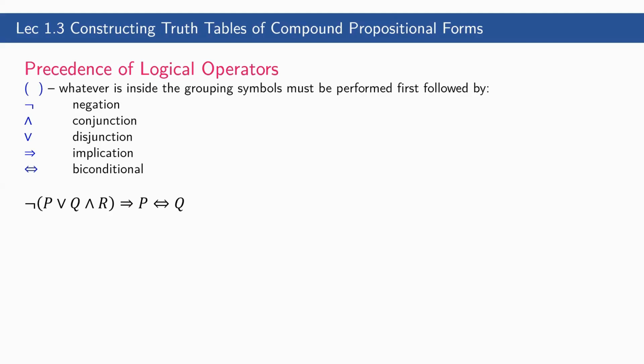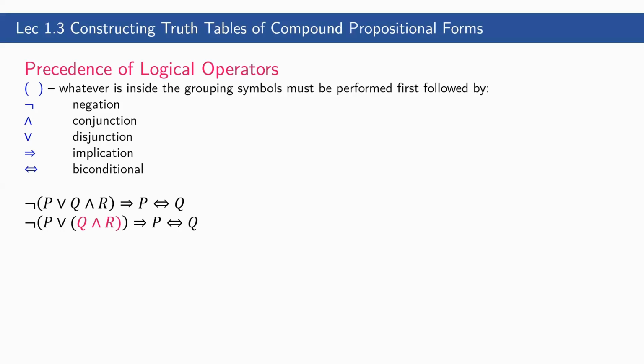The negation of P or Q and R implies P if and only if Q. How will we do this? So first, we are going to perform what is inside the parentheses. And inside is a combination of disjunction and conjunction.